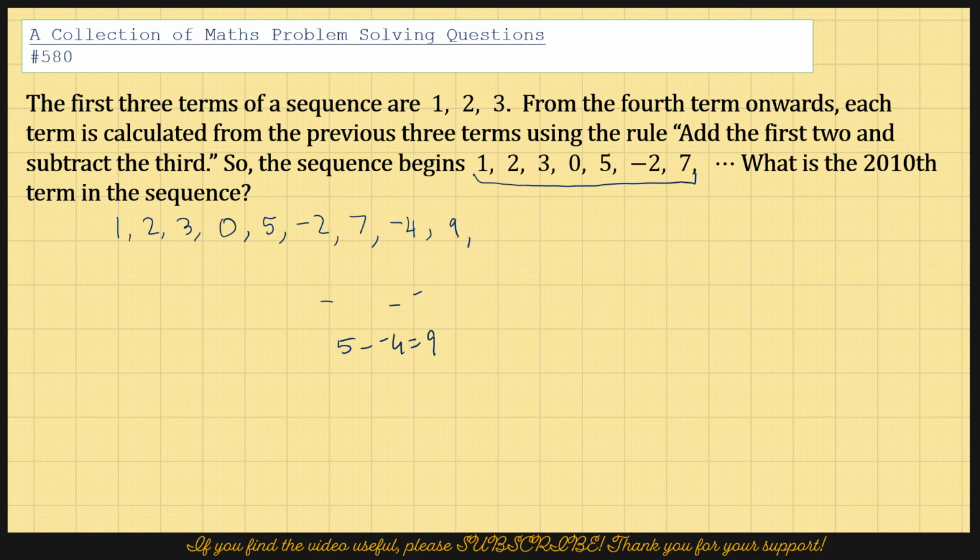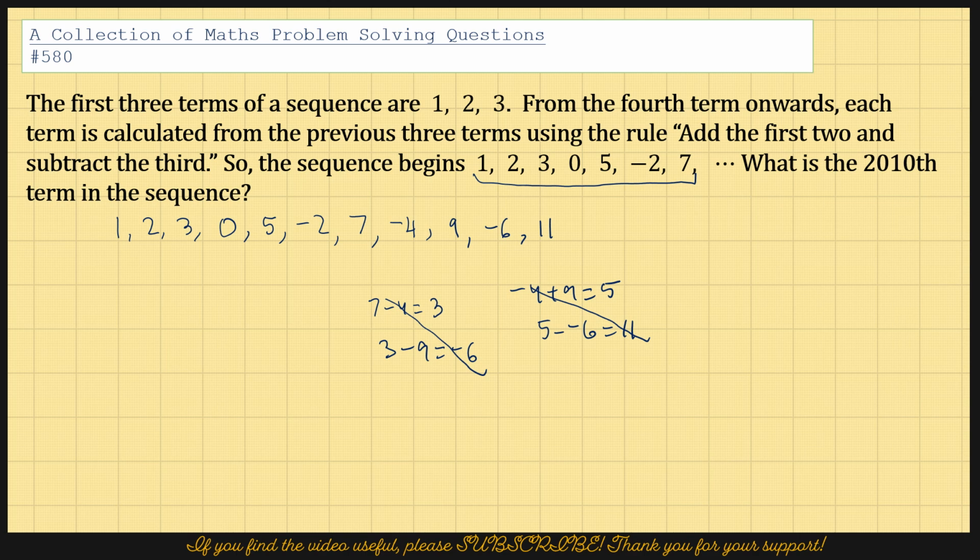And then you would have 7 minus 4 is 3, and 3 minus 9 is minus 6, so we'd have minus 6. Then minus 4 plus 9 is 5, and 5 minus 6 is 11, so I'd have 11.